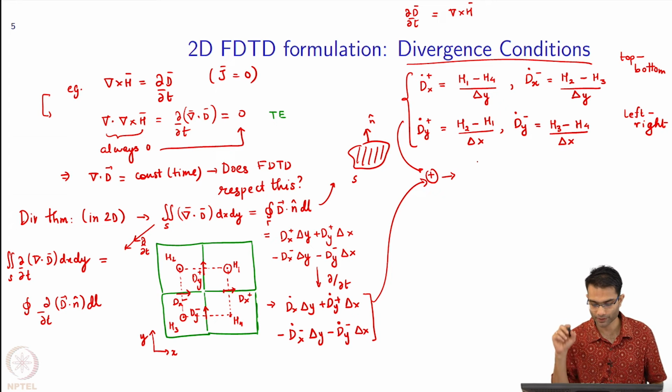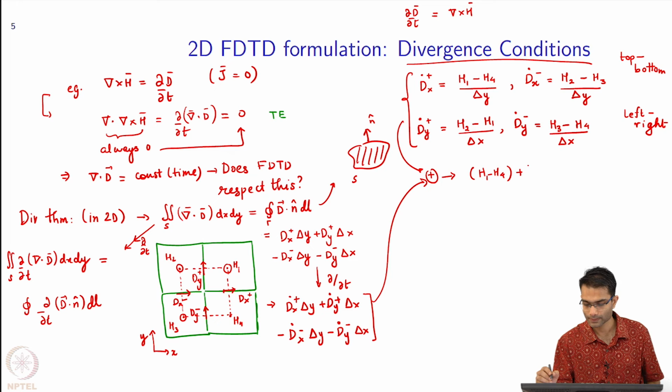So, let us substitute the first one, dx dot, this was plus, right, dx dot plus multiplied by delta y. What do I get? Dx plus dot h1 minus h4. Next term, the delta y got cancelled, dy plus delta x, h2 minus h1.